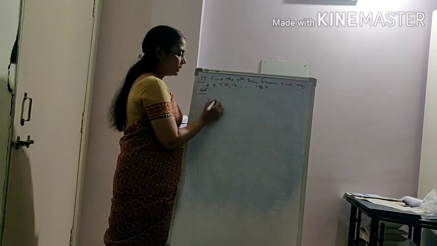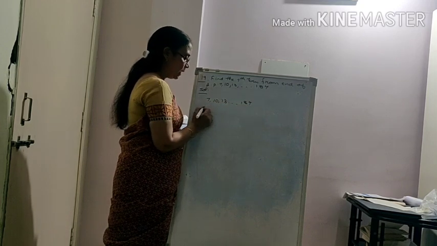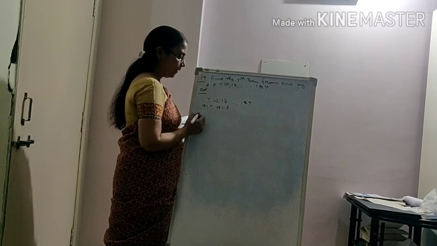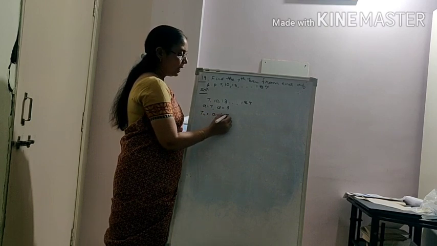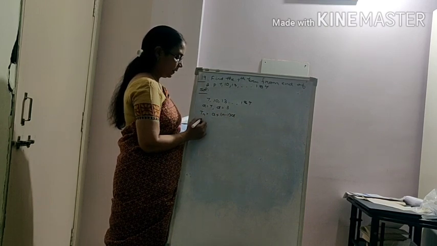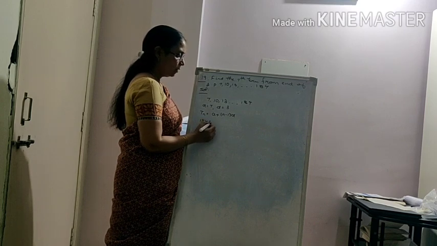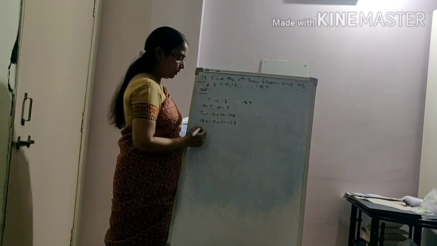When the sequence is 7, 10, 13 and so on up to 184, we can write A is 7, D is 3. So Tn is equal to A plus n minus 1 into D. So 184 is 7 plus n minus 1 into 3.